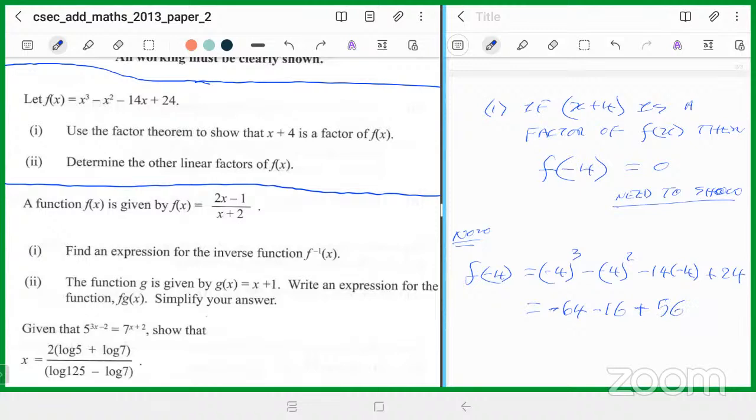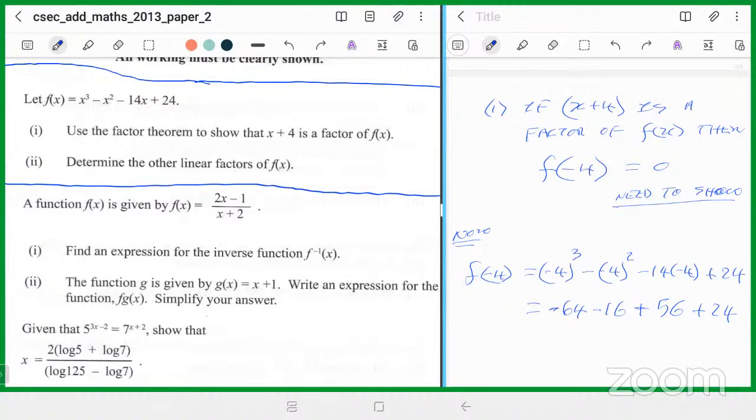Thank you. And then I added 24. So this is 78. But this is not 0, so it's not right. Something is wrong somewhere. What is wrong? Let's look at it.